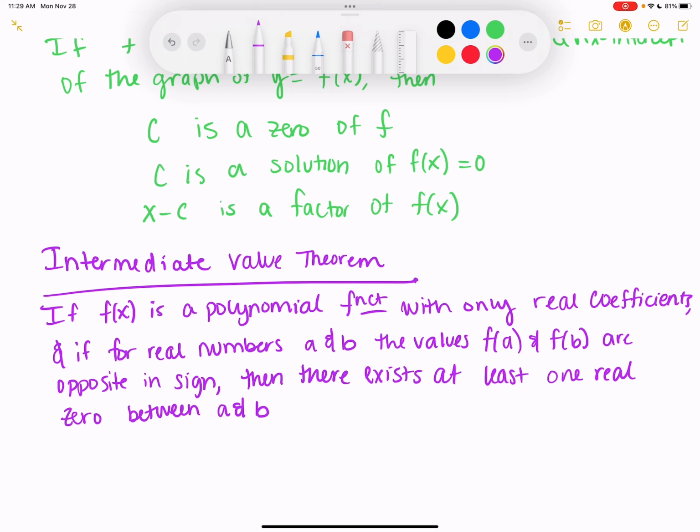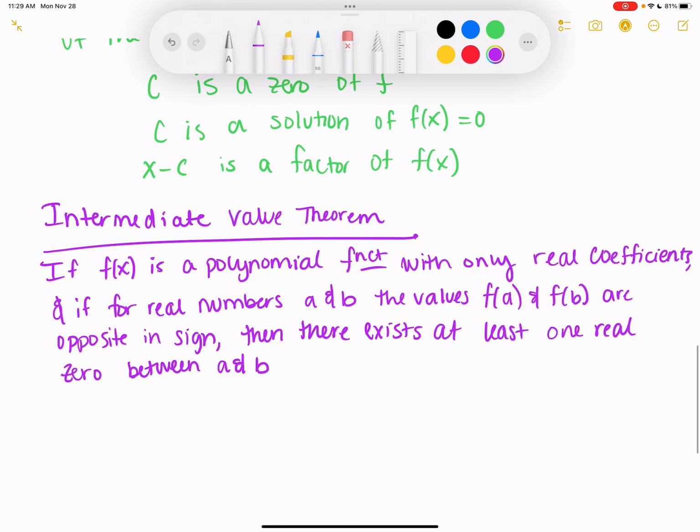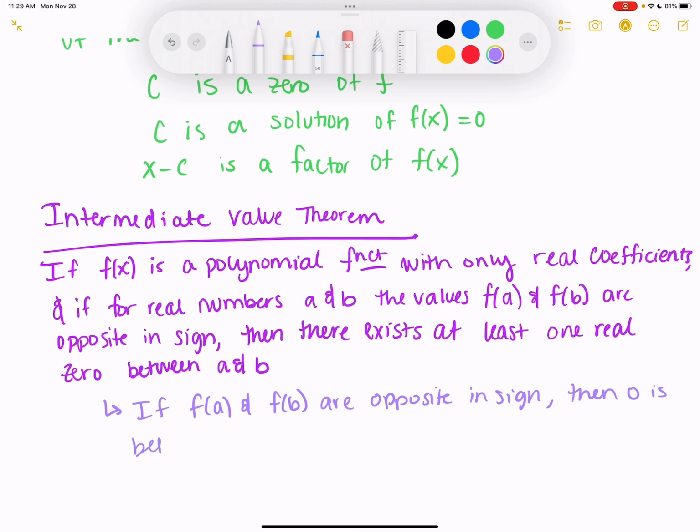Now, this helps to identify that there is one. In terms of actually finding what it is, if f of a and f of b are opposite in sign, then 0 is between f of a and f of b.